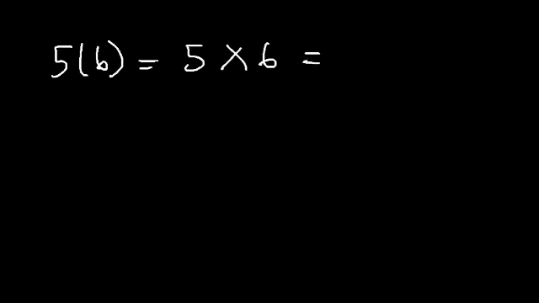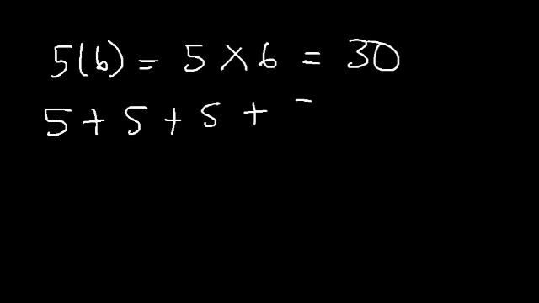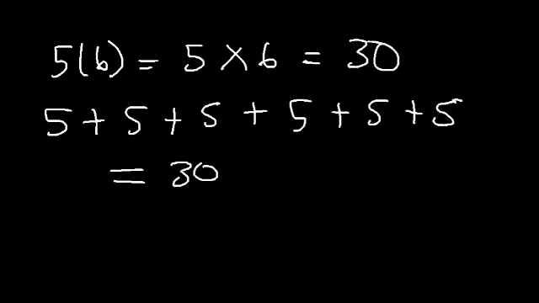So let's say if you want to multiply 5 times 6. This can be written like this, or it can be written as 5 times 6. 5 times 6 is 30. Now, if you ever forget the table, what you could do is add 5 6 times, because that's what multiplication is. 5 times 6 means you're adding 5 6 times, and this will give you 30.